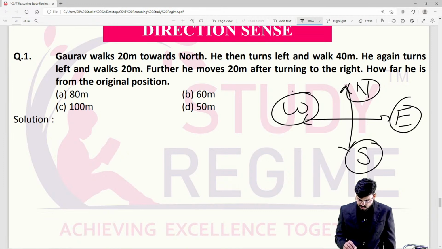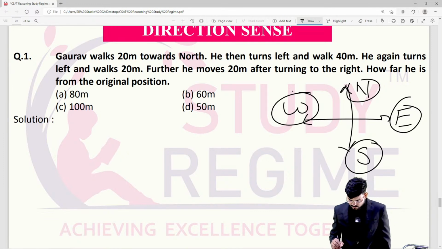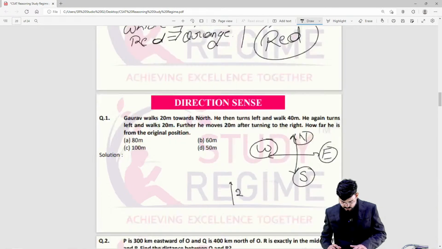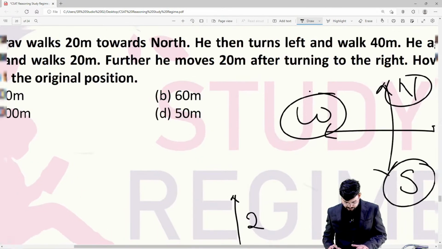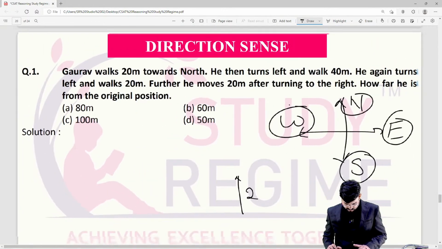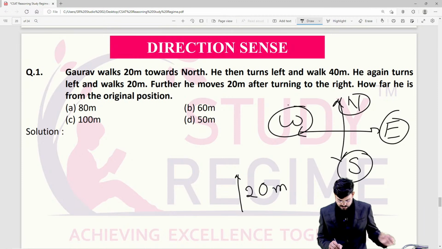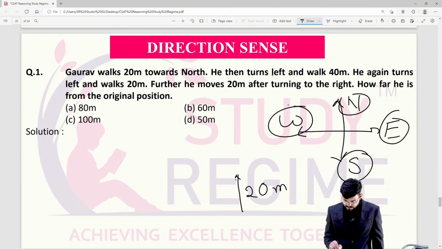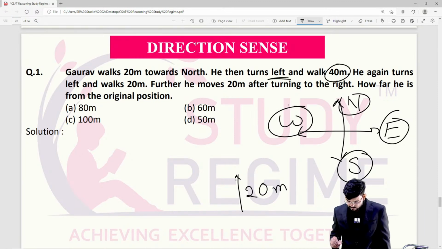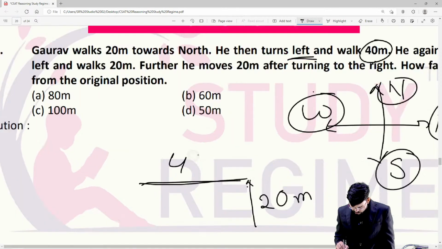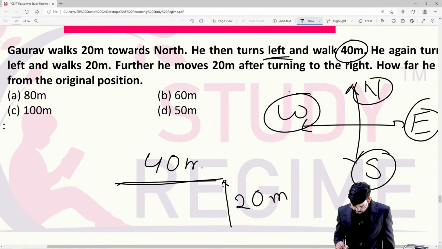See, Gaurav walks 20 meter towards north. Suppose he is standing there and he has walked 20 meters towards north. Now he is facing this way. He then turns left and walks 40 meter.